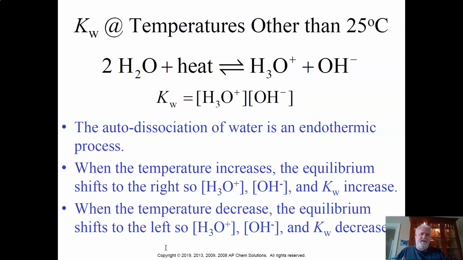Here's a little bit of Le Chatelier's principle again in terms of the thermodynamics of it. This auto dissociation of water is endothermic. So the heat is over here on this side. So if you increase the temperature, remember you add here, it's going to drive it to the right, and you'll get more dissociation occurring.